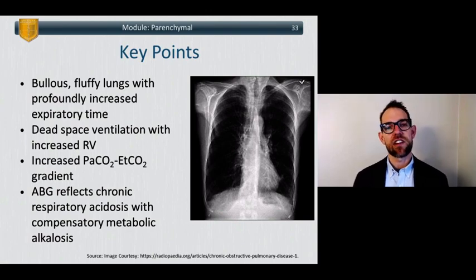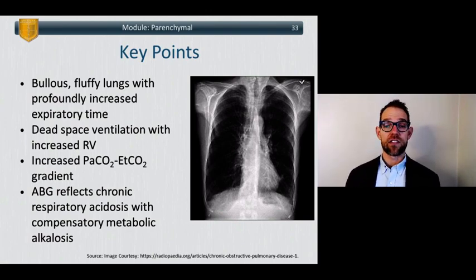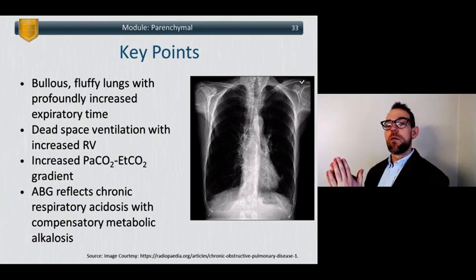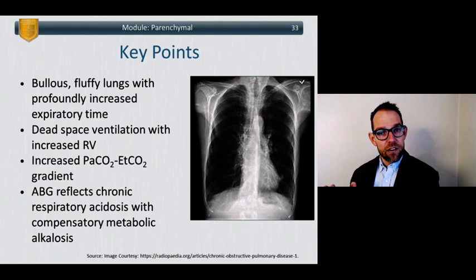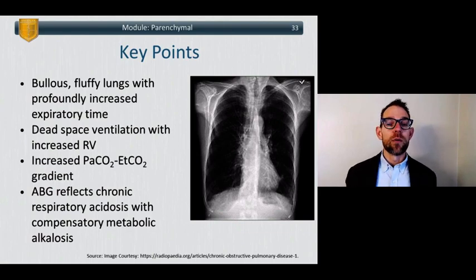Dead space ventilation is increased in these patients, and that is consistent with their increased residual volume, which is consistent also with an increased total lung capacity. Do recall there's an increased PaCO2 to end-tidal CO2 gradient, and then of course these patients are chronic, therefore they have a chronic respiratory acidosis with a compensatory metabolic alkalosis.